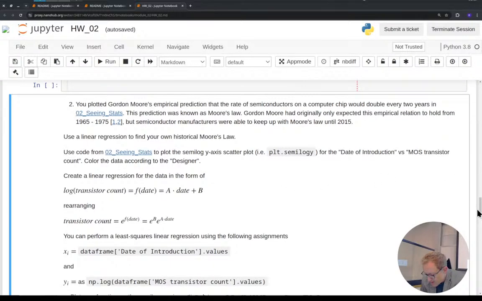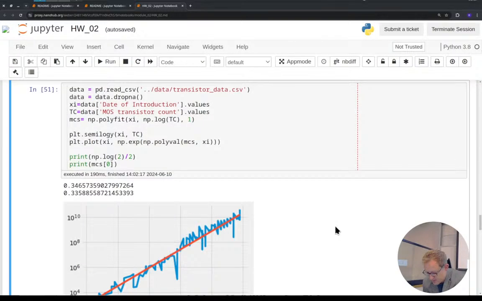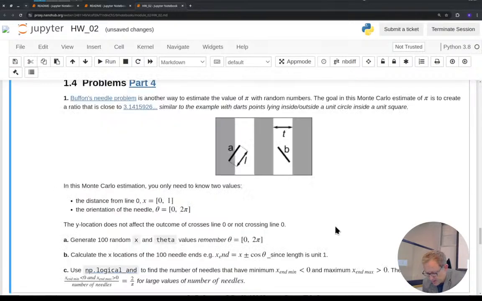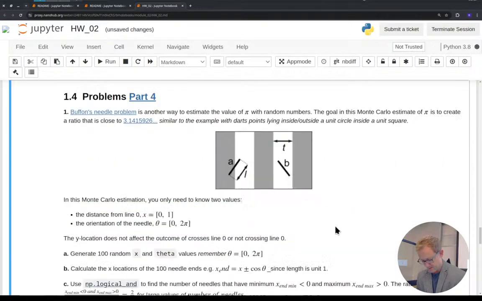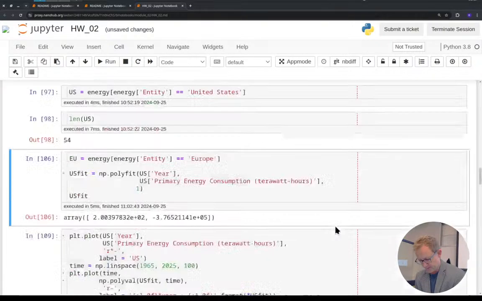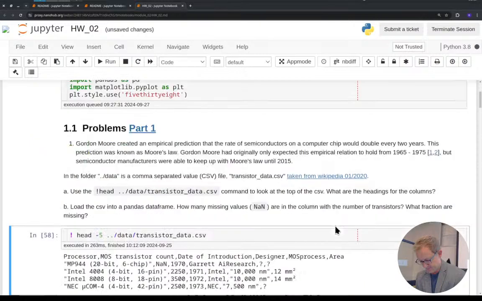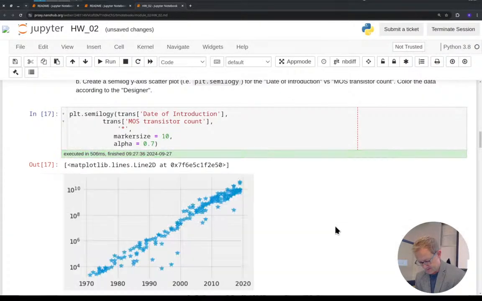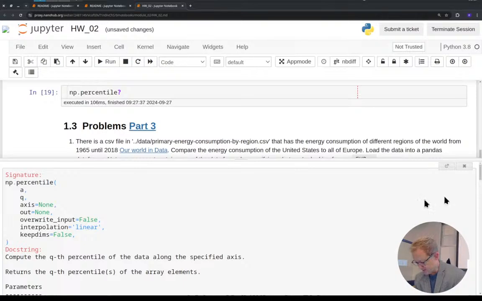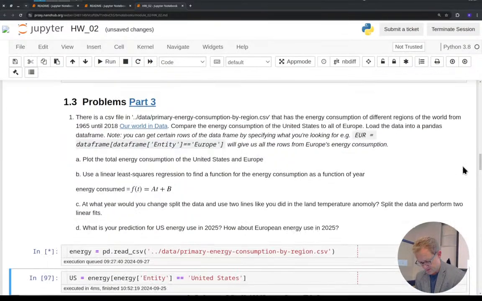Let's delete all that, and we want to say, what did I call it? Not define. Let me run back up, run through this stuff. Get my transistor data loaded up.